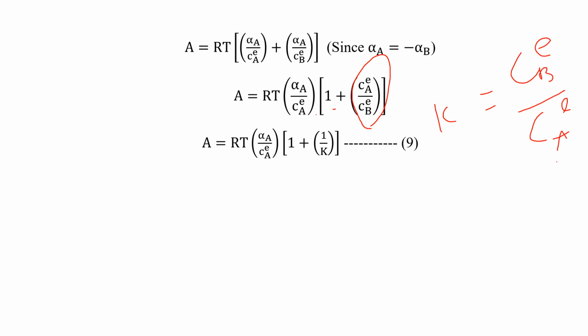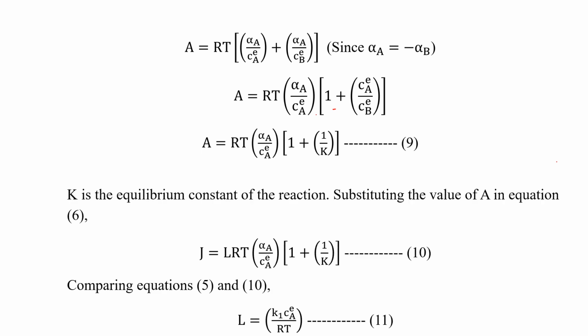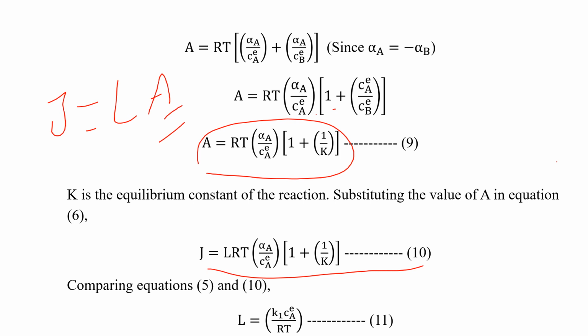So the reciprocal of that value is inside this bracket, so you can write it as 1 by K. So this is equation number 9. Please note down the equations and the equation number. K is the equilibrium constant of the reaction. Now already we know J is equal to L into A. Instead of A, we are substituting this equation 9, and you are getting this equation 10.